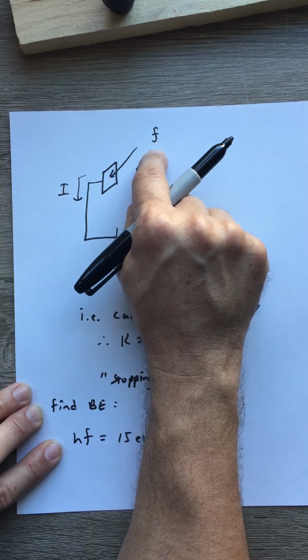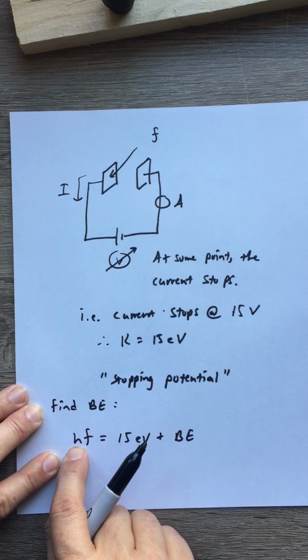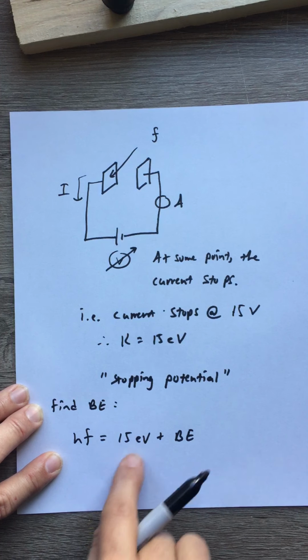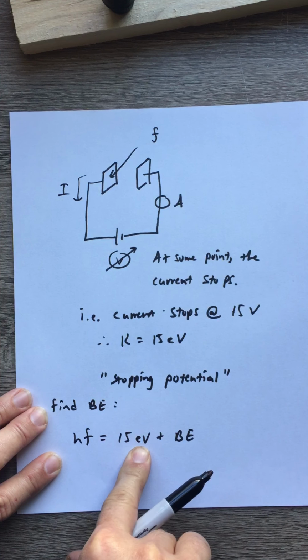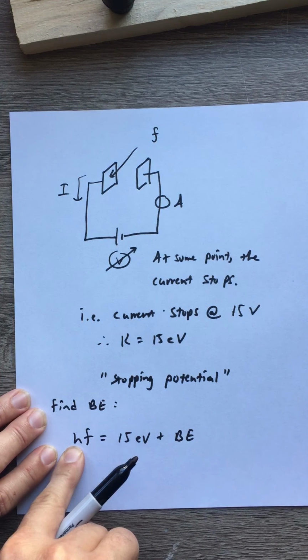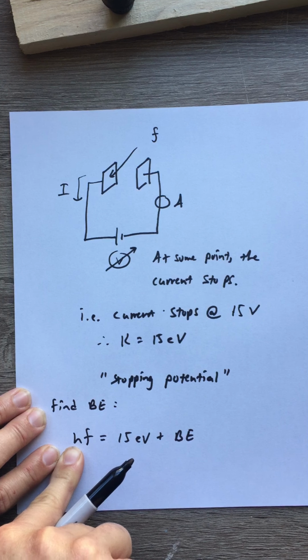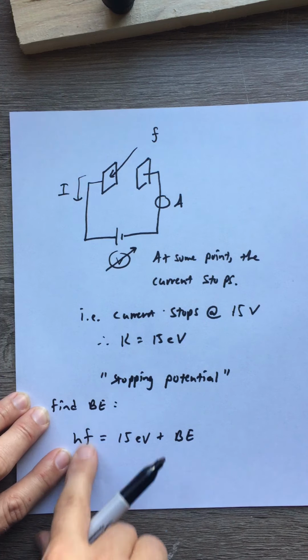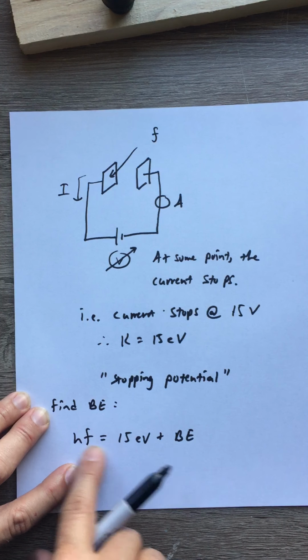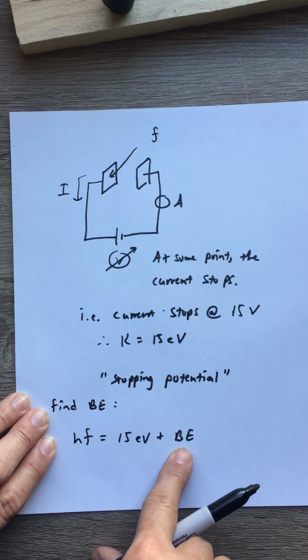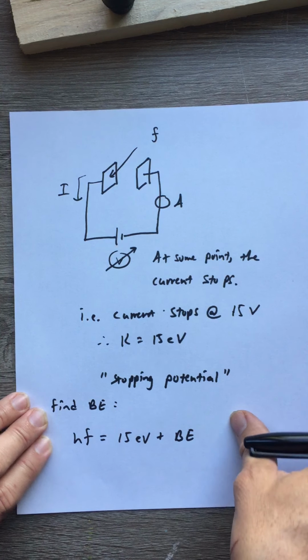So if I'm given f in this situation, I can just calculate hf. I would need to do it in electron volts, right? Because I have this in electron volts, so I would look up Planck's constant given in eV seconds instead of joule seconds, multiply it by the frequency, and then subtract this kinetic energy, and that would give me the binding energy.